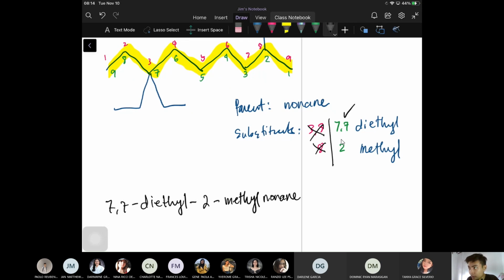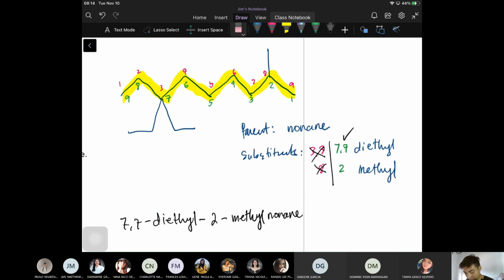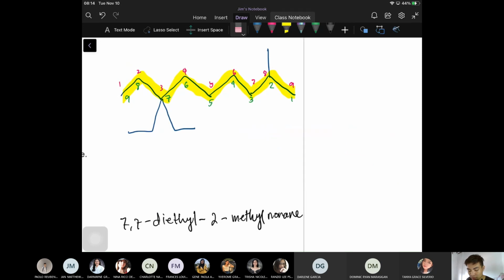Okay? So, yan yung complete name. 7,7 diethyl 2-methyl nonane. Okay? Hopefully, tama yung nakuha nyo rin yung sagot, no? So, ganun lang.